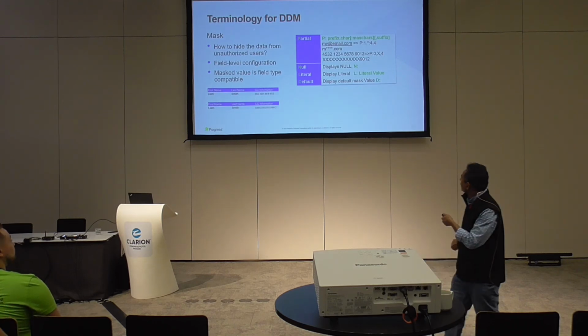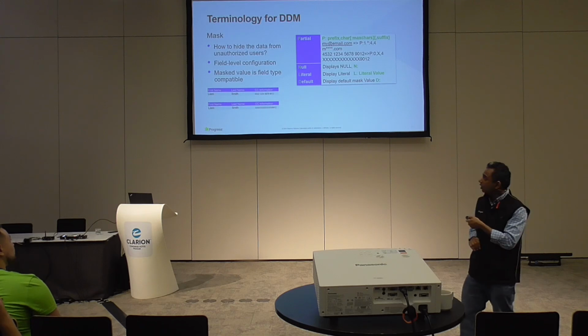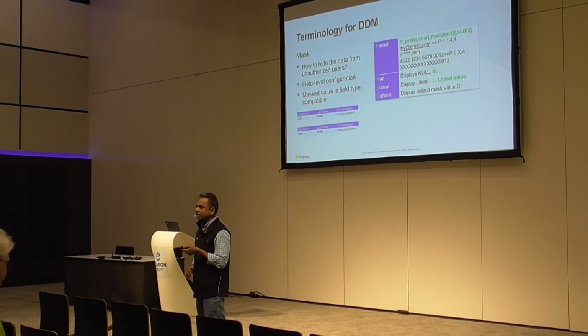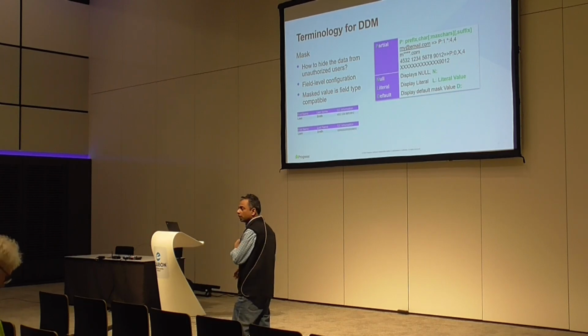So in this case, whatever is left over between the 1 and the 4 is represented by the mask value of 4 x's. So that is the meaning of partial mask. In the next example, this credit card example, we are saying no prefix, everything should be masked, the last 4 characters I want unmasked, and the rest of the field is represented by the X. So this is how the partial mask works.